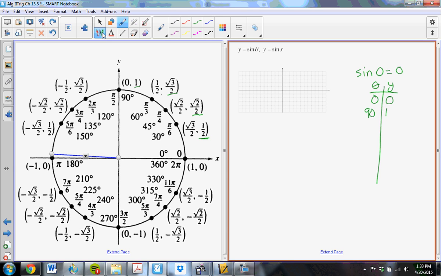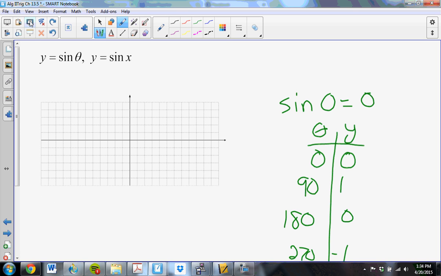before it starts coming back down to 0. And I hope now you see it's going to do the same thing that cosine did. At 270, it's going to be negative 1, and at 360, it's going to be 0, and it's just going to keep going around. So I'll graph this the same way. I'll go 0, 90, 180, 270, 360, 450, 540.